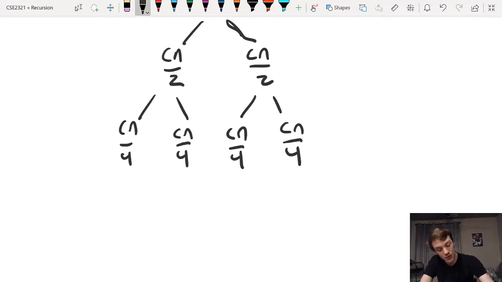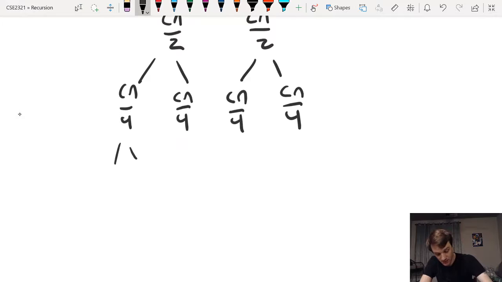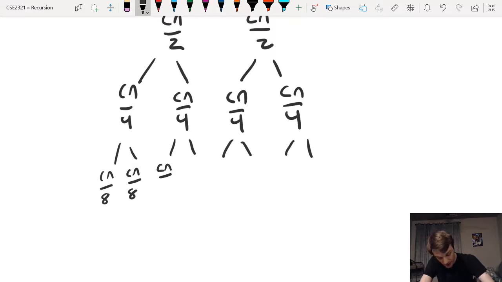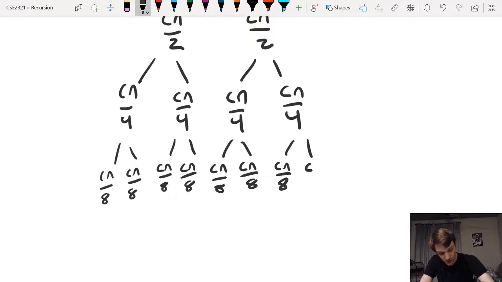I then need to compute 2 copies for each of those, each of which will be cn over 8, eight of them in total.